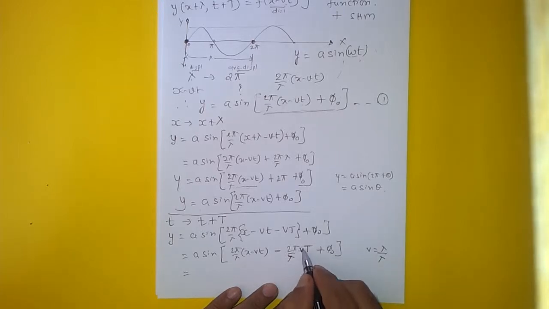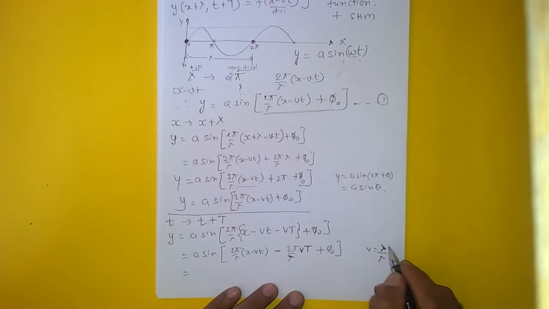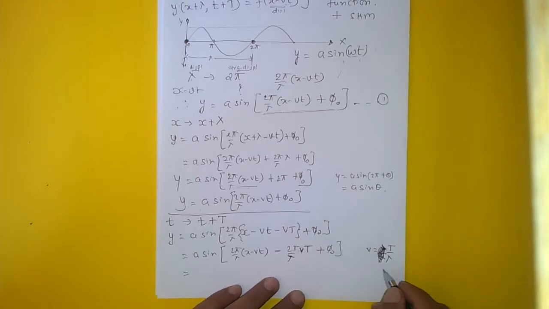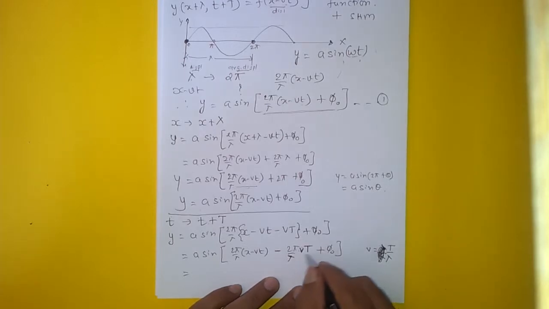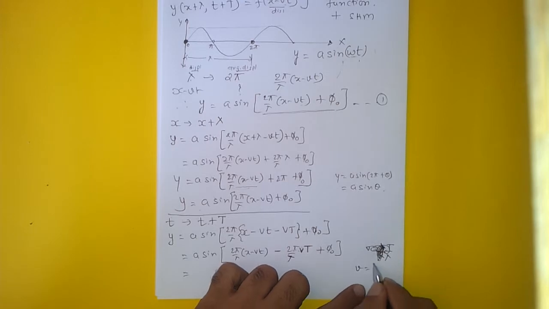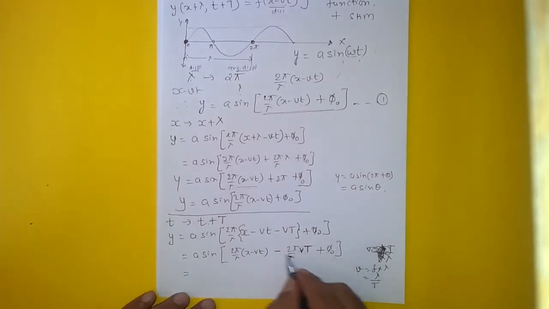Let me clarify this further. v is equal to frequency into lambda, which is equal to lambda upon T. So for v I can write lambda upon T. Lambda will get cancelled, T will cancel, and I'll be left with 2 pi.